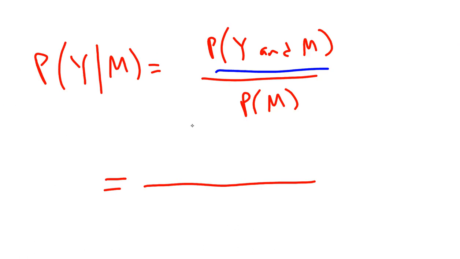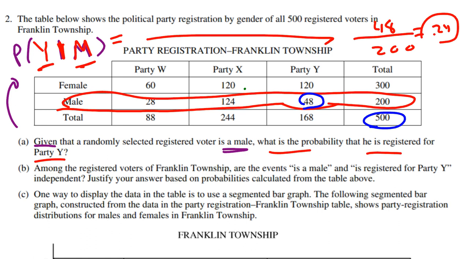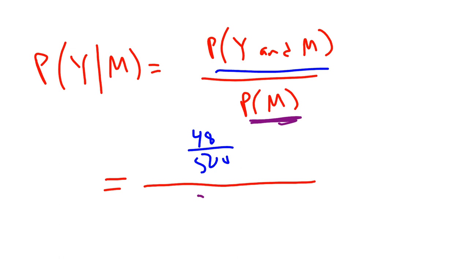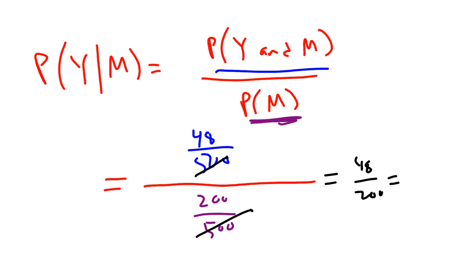The probability of being male, which I'm underlining in purple, the males in the study, is 200 out of 500. So in the denominator we put 200 out of 500. You should notice the 500s cancel, and you get the same exact number, 48 out of 200, or 0.24. I'll leave it up to you how you want to do that problem.